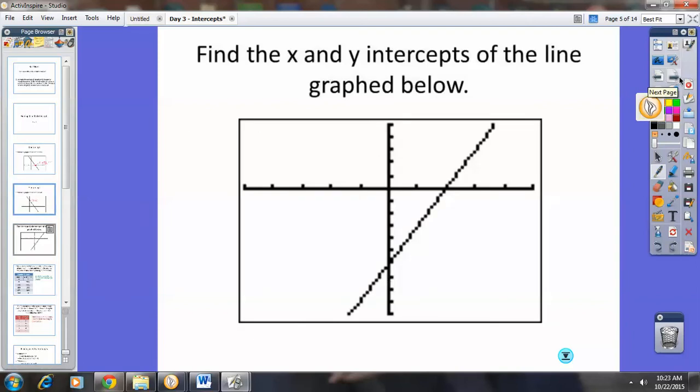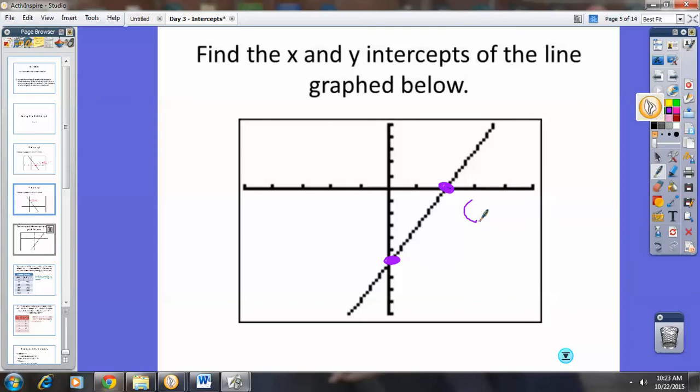Given this graph here, I'd like for you to find the x and the y-intercepts, please. Put a dot where the x and y-intercepts are, and let's identify those ordered pairs, those points. The x-intercept is at what point?